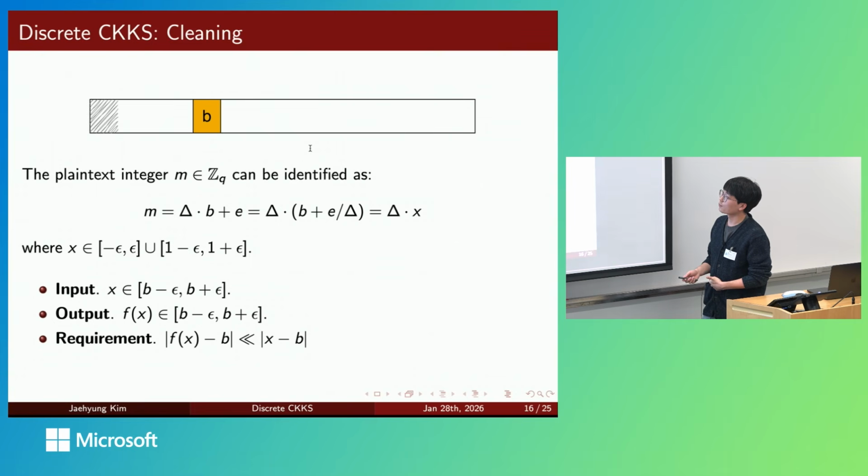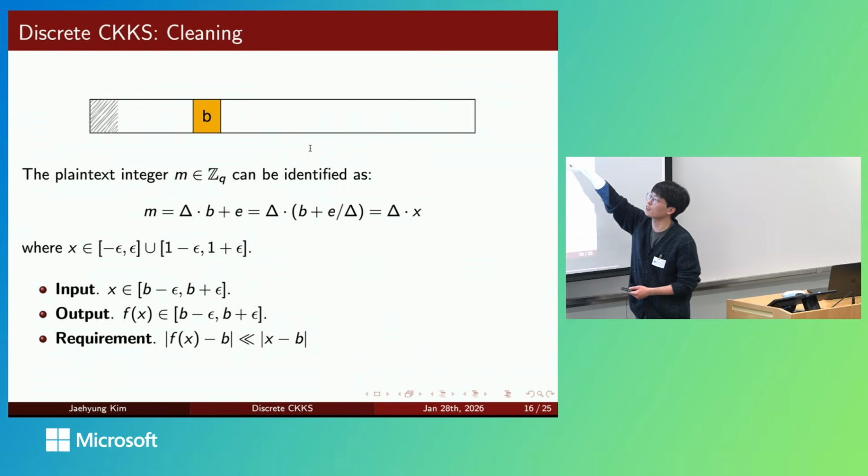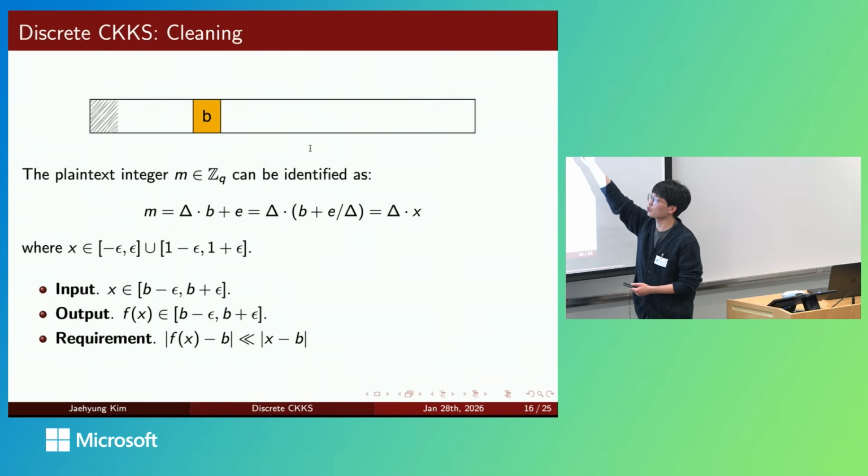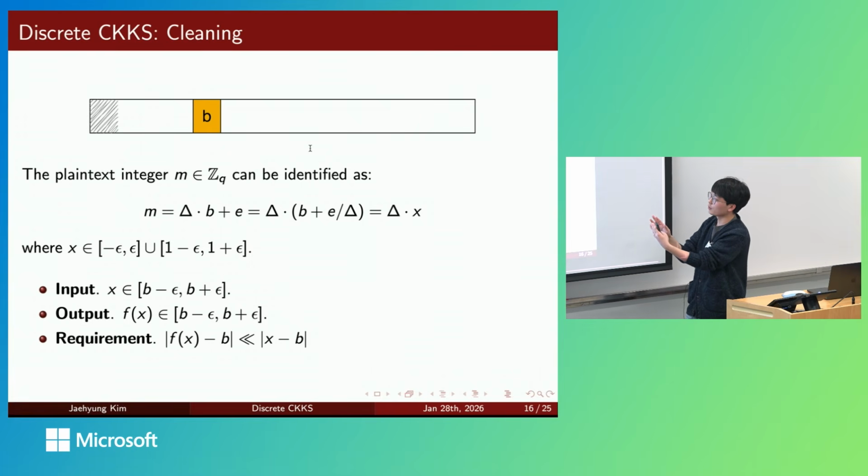Here, first of all, I want to talk about the BFV bootstrapping aspect of discrete CKKS. So for simplicity, let's consider encrypting a bit b instead of a large message M. And as in the BFV bootstrapping, we want to somehow reduce the noise of this noisy message.